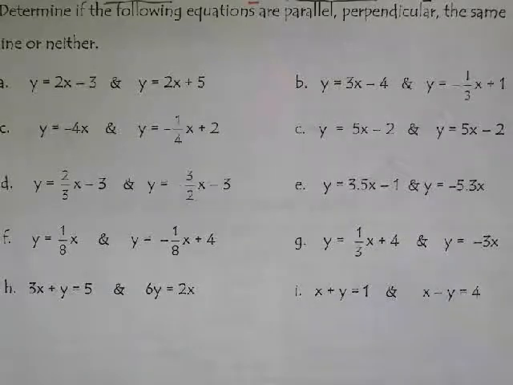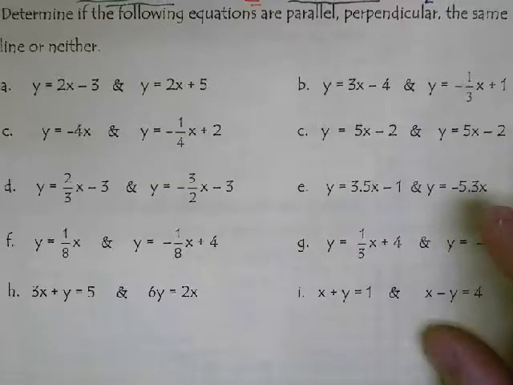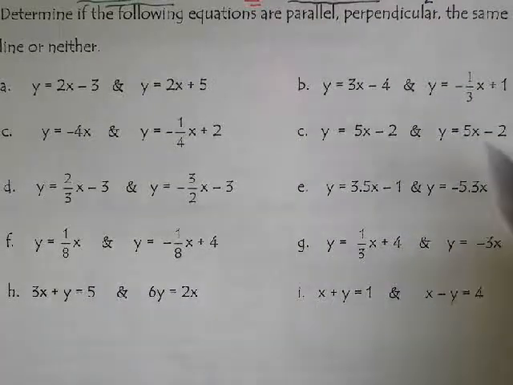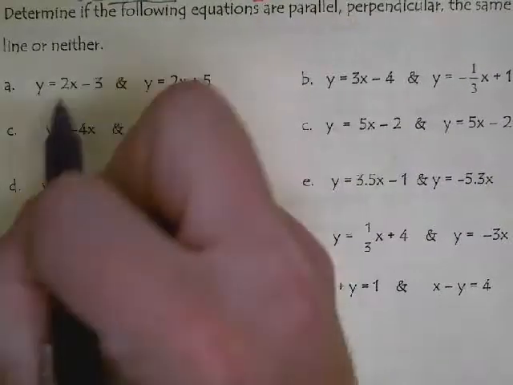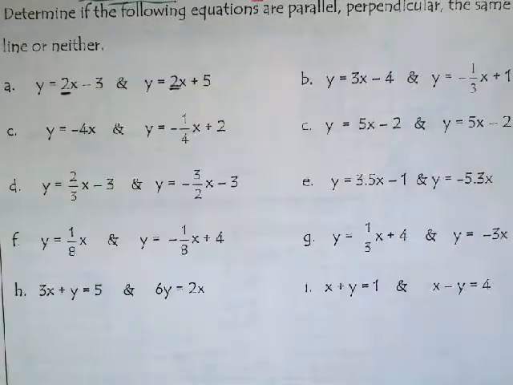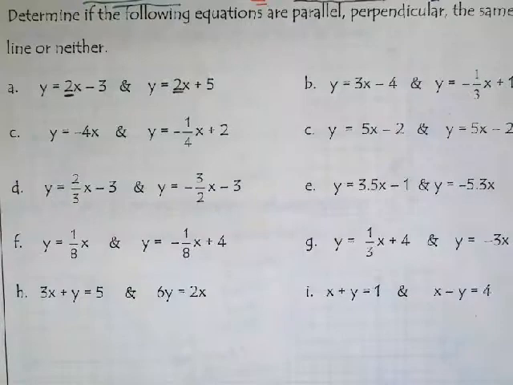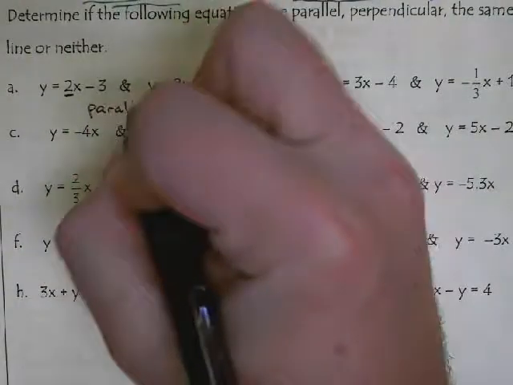So if it's the same, it's parallel. Opposite and reciprocal, perpendicular. If it's neither one of these, then it's neither. So I'm just looking for my coefficient. So I got 2 and I got 2. Is 2 the same as 2? It certainly is. So we can say these are parallel.